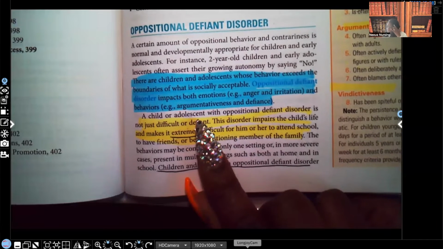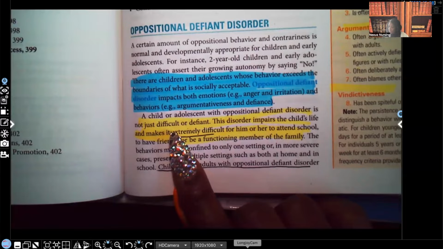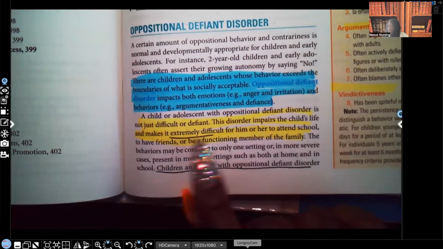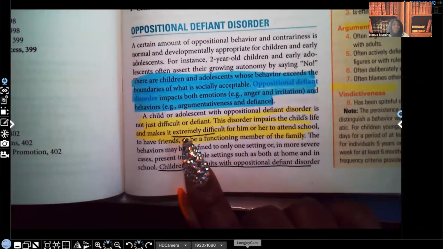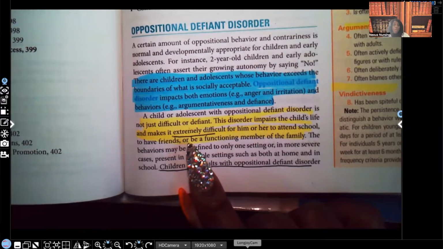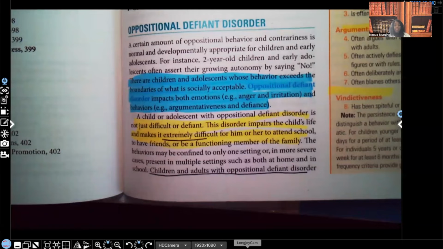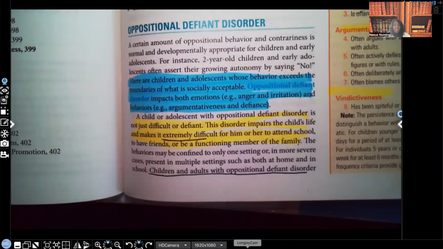Now, a child or adolescent with oppositional defiant disorder is not just difficult or defiant. This disorder impairs the child's life and makes it extremely difficult for him or her to attend school, to have friends, or be a functioning member of the family. So let's stop there for a minute, guys, because remember, the work of the child is play. That's how they learn about their environment. The work of the adolescent is socialization.